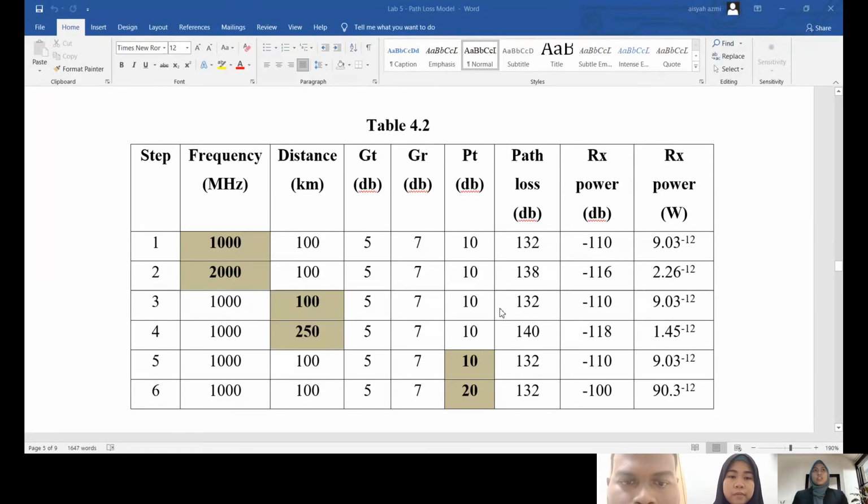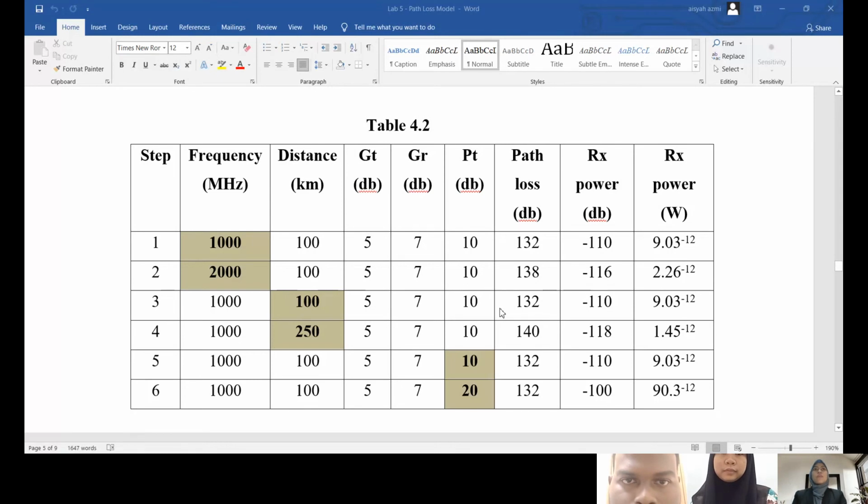For step 2, we use frequency 2000 MHz, and for distance, GT, GR and PT we use the same variables as number 1. The result for the path loss is 138, Rx power is negative 160, and the Rx power in watt is 2.26 picowatt.